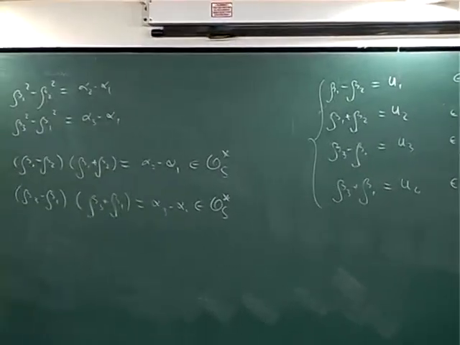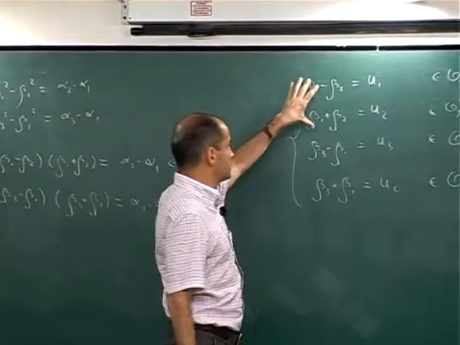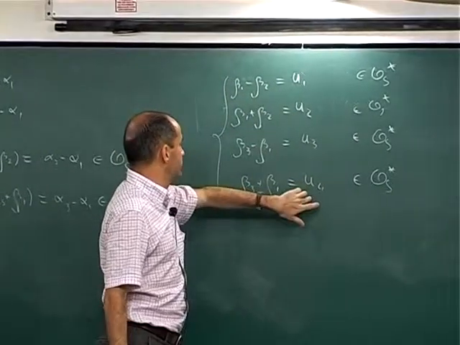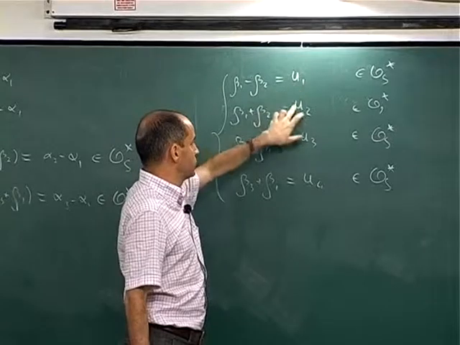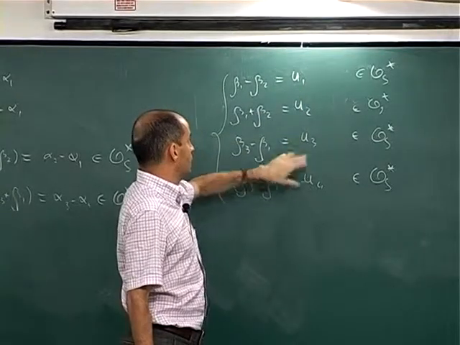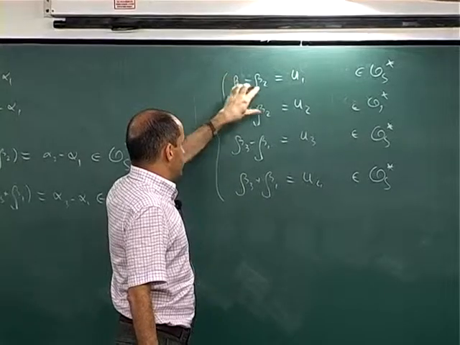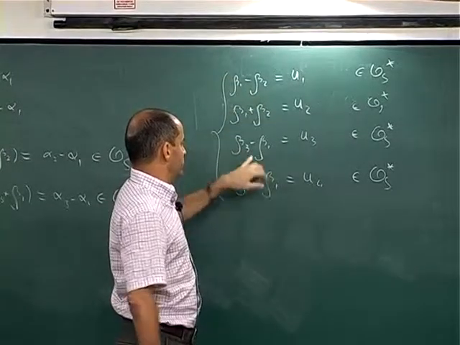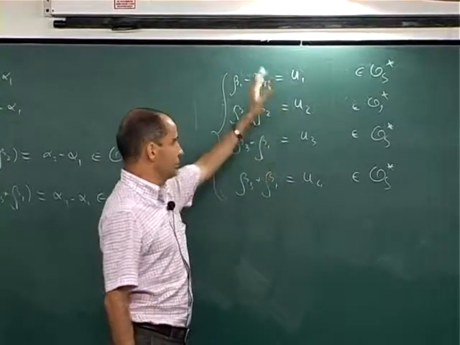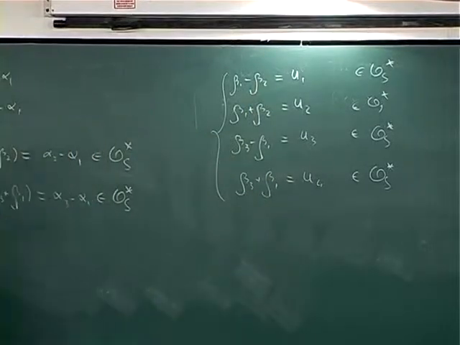And now again we have that these 4 terms u1, u2, u3, u4 depend on only 3 parameters, beta 1, beta 2, beta 3, so there must be a linear relation.